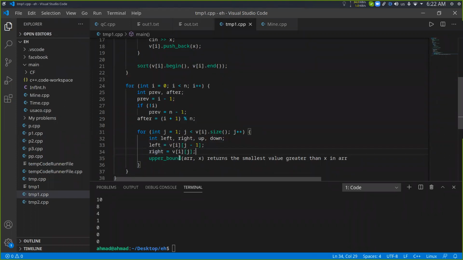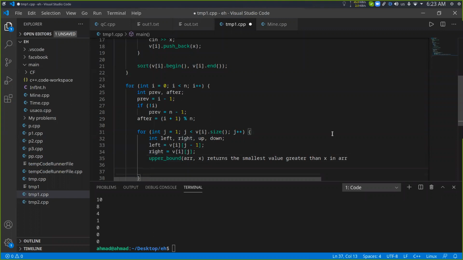I want to use upper bound for the previous sector and the after sector, get the smallest value of a bridge after right, and then get the smallest value of a bridge after left, and then subtract them. After that, we'll get the number of bridges between them.